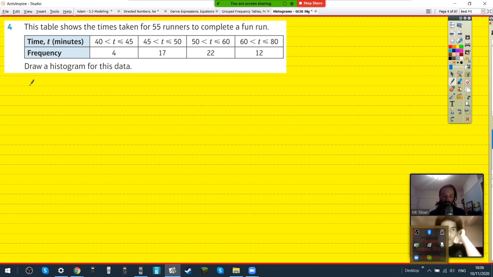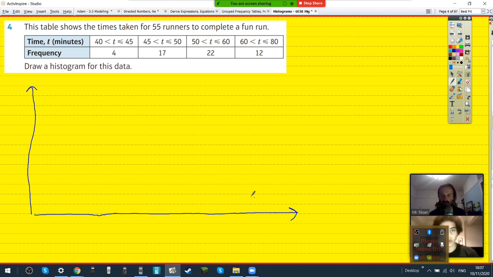How do we go about drawing a histogram for this data? Well, on the y-axis you would put the frequency. On the x-axis, you would put the time. You would start the time at 40. It can go up in fives.